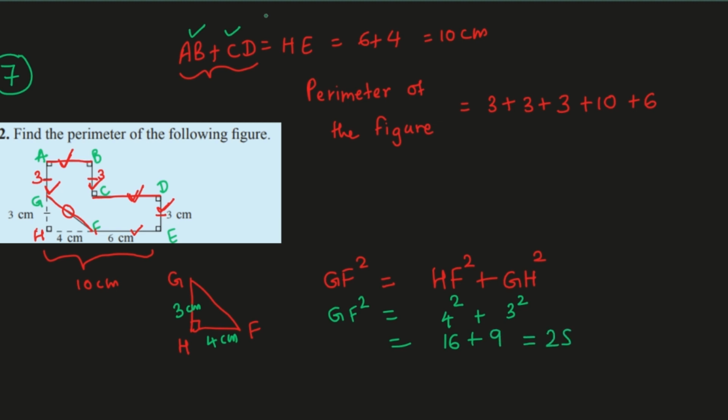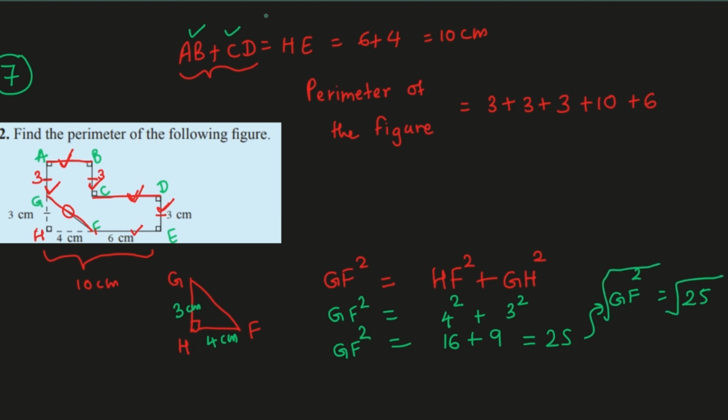So now we can write that GF squared will be 25. So now what? We can take the root of both sides.